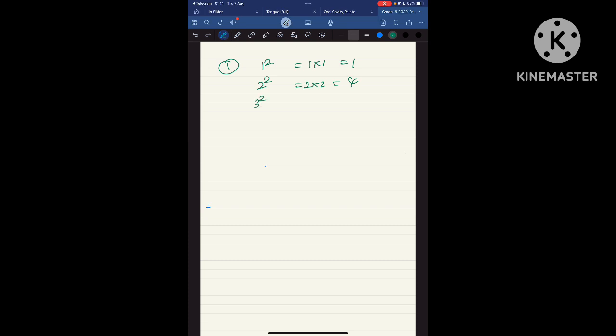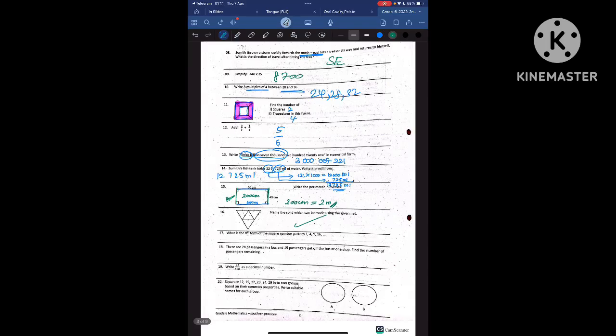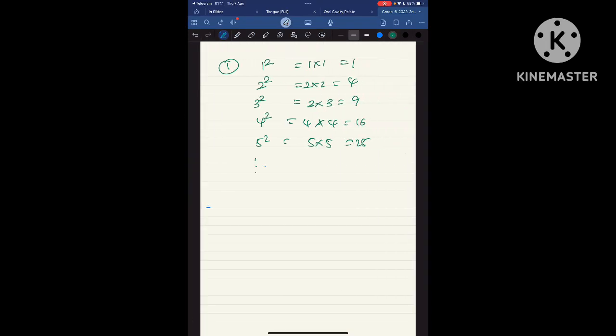Third one is 3 times 3, which is 9. Fourth one is 4 times 4, which is 16. Fifth one is 5 times 5, which is 25. Which one are they asking? 8. Same way, the 8th one is 8 square, 8 times 8, which means 64.